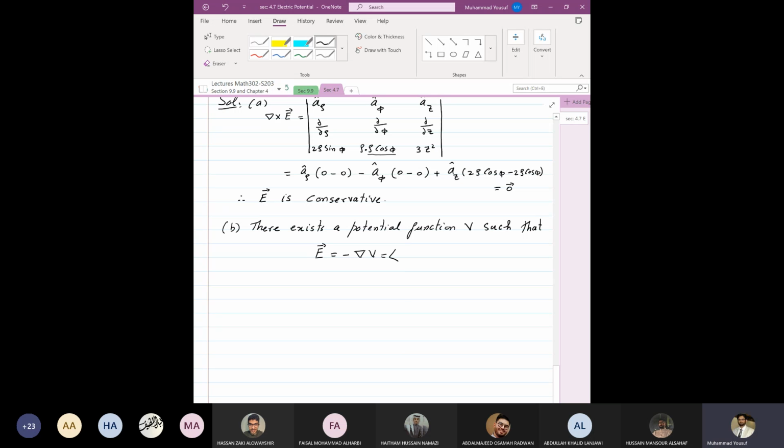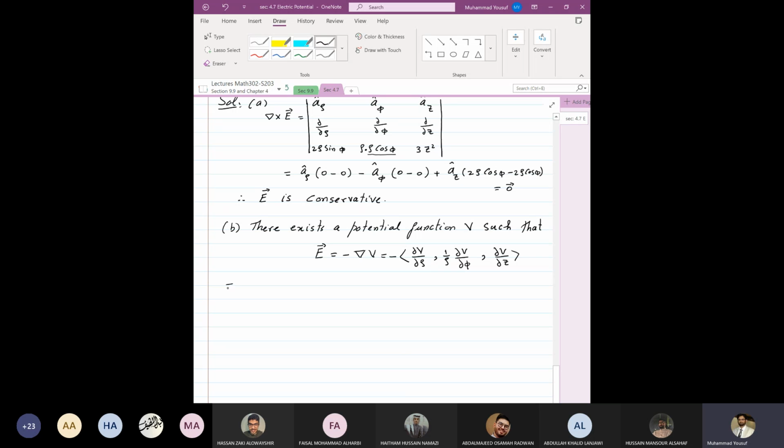In cylindrical, the gradient of V is defined as, you have the formula sheet from the previous chapter. It is negative, and what is the gradient? Partial V over partial rho, then 1 over rho partial V by partial phi. So we have 1 over rho here. And then the third component is partial V by partial z.